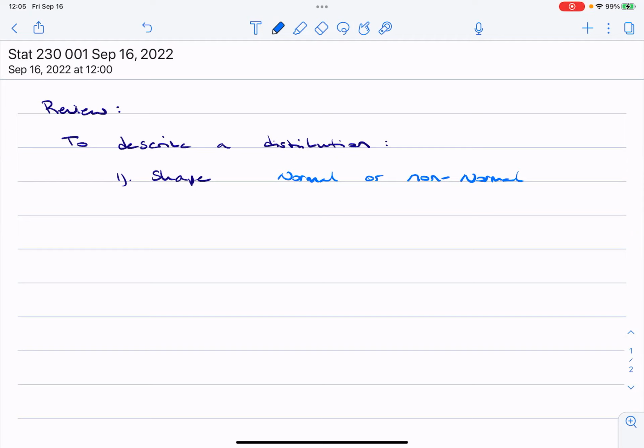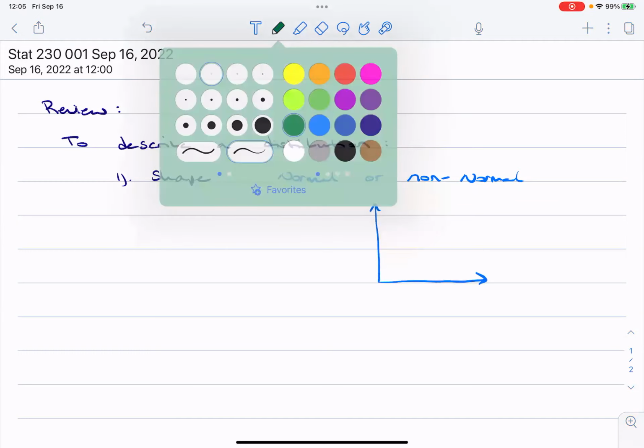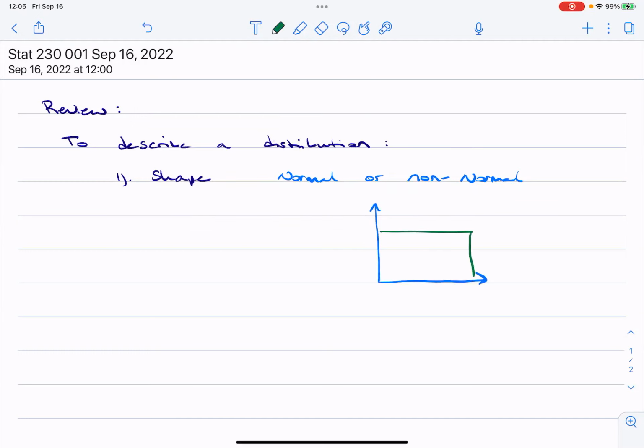Just as a heads up, on the assignment, I haven't posted it yet, if you have a distribution that looks basically like this, it is a uniform distribution, kind of obvious, but just in case it comes up. I think you would probably pick that option.